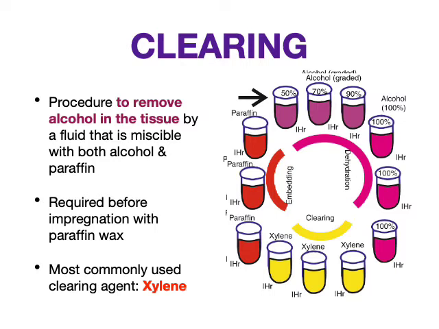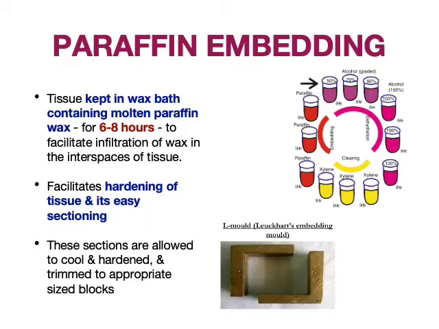Next, after removing the absolute alcohol, we have to introduce the paraffin embedding. So the next step is paraffin embedding. For this, we'll keep the tissue in a wax bath containing molten paraffin wax for 6 to 8 hours to facilitate the infiltration of the wax in the interspaces of the tissue.